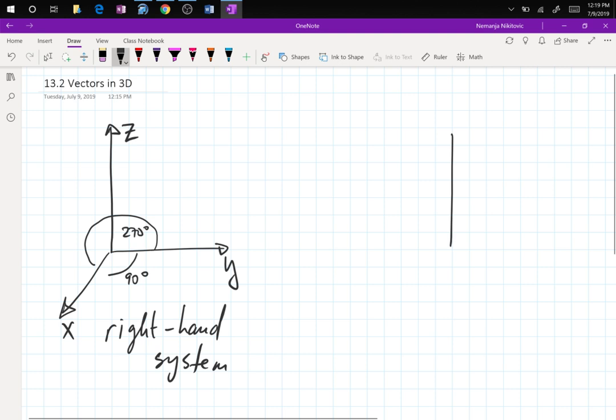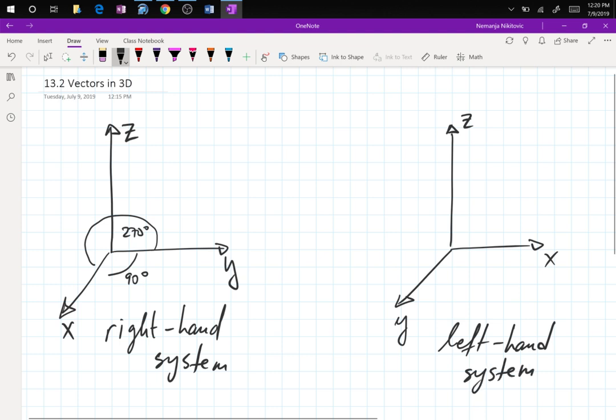Now the other one also exists, and you have to be careful because your AutoCAD or something could be set in a different system, so you have to be careful about these things. Here you have Y and then X and Z. So now this is the left hand, because now you have to use your left hand to wrap around Z, and then your fingers hit X, and then 90 degrees later they hit Y, and then you have to go 270.